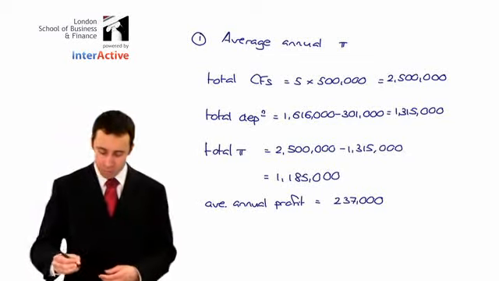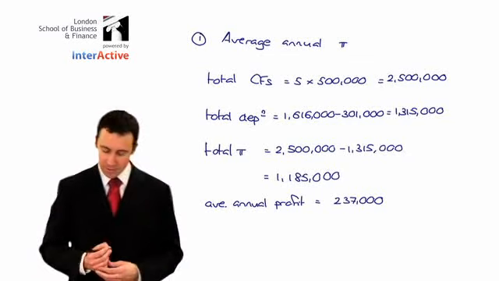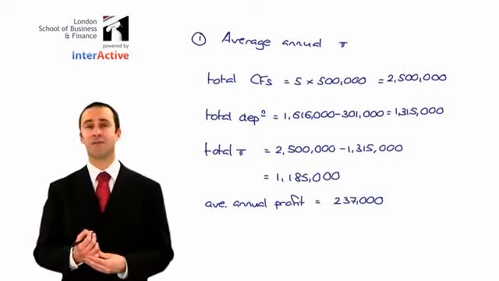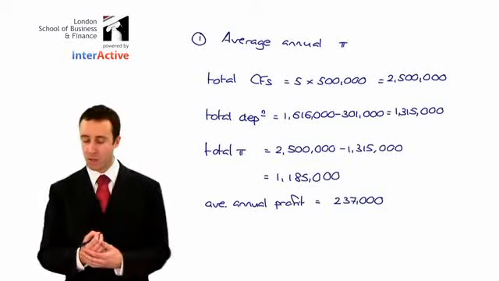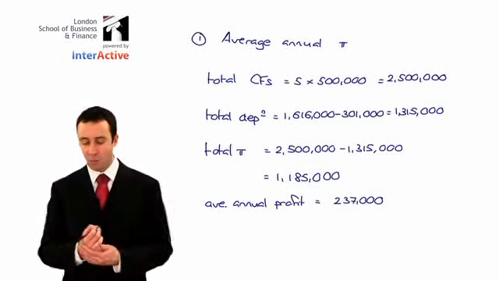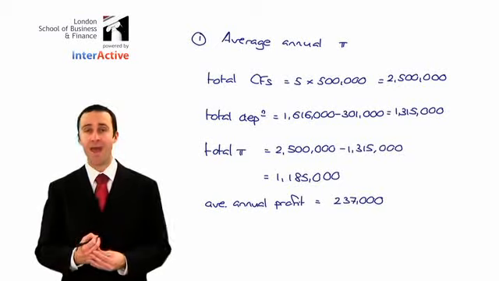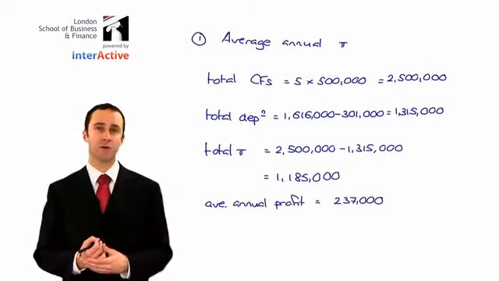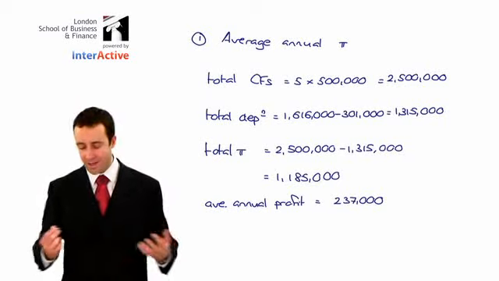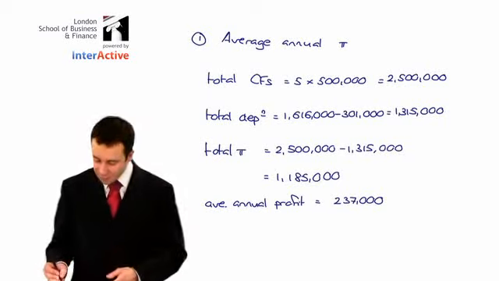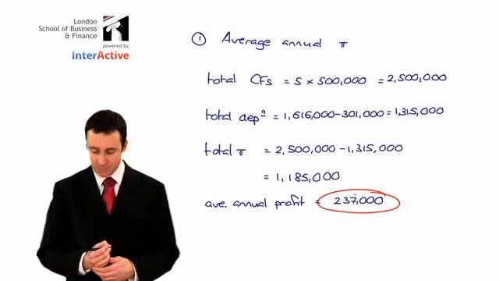Your total depreciation: bought it for 1.616 million, sell it for 301,000, gives you total depreciation of 1,315,000. Total profits of 1,185,000 as you take your depreciation from your cash flows, which gives us an average annual profit of £237,000.